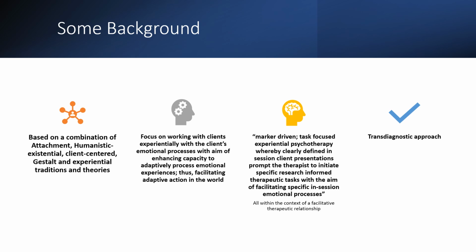I'm going to give you four background things here really quickly. One, EFT is based on a combination of different theoretical orientations, including attachment theory, humanistic and existential, client-centered, Gestalt, and experiential traditions. That's a lot, right?